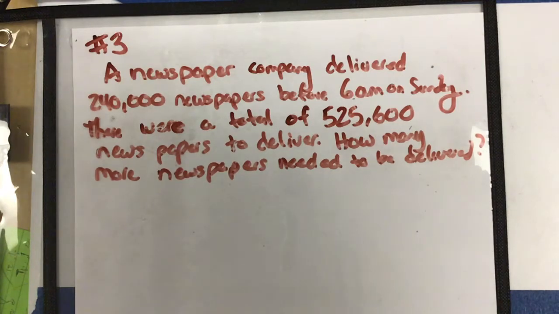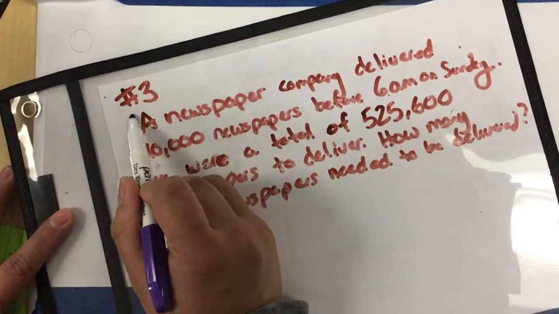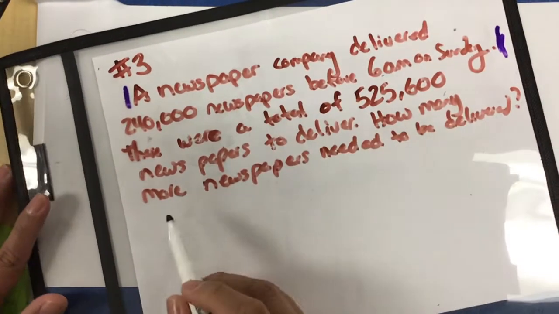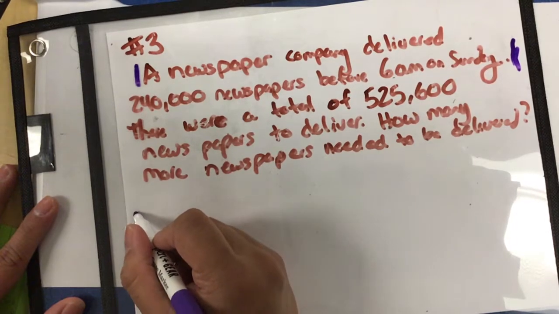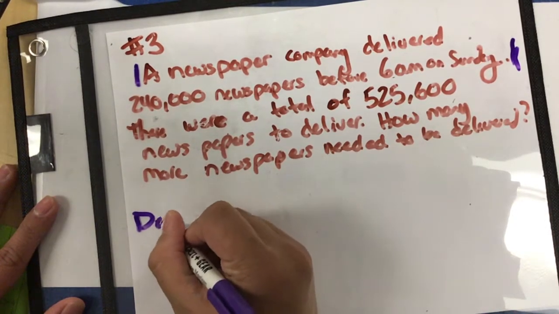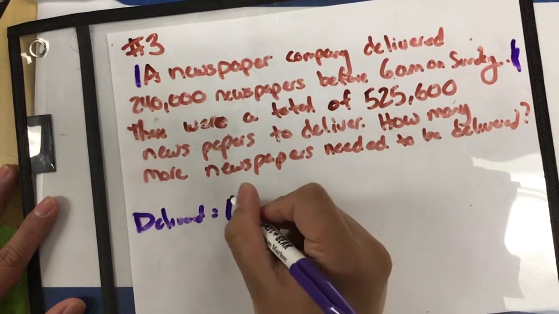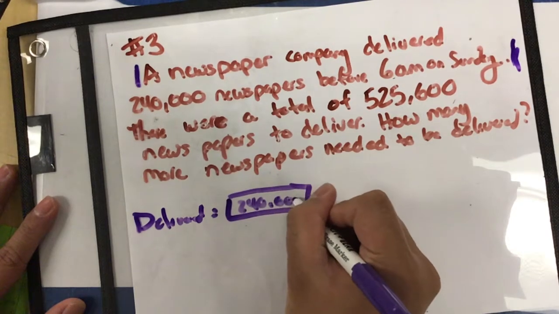Okay, so we know that the company delivered 240,000 newspapers, okay? So delivered, that equals 240,000, okay?